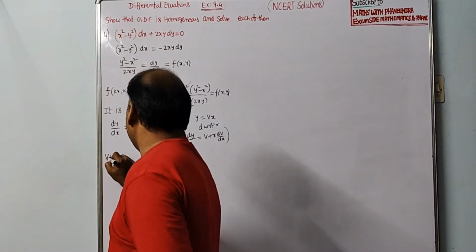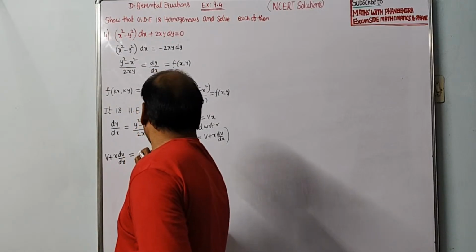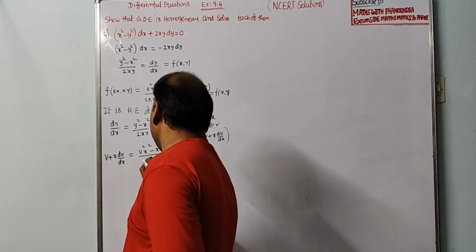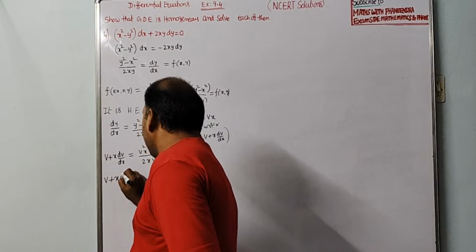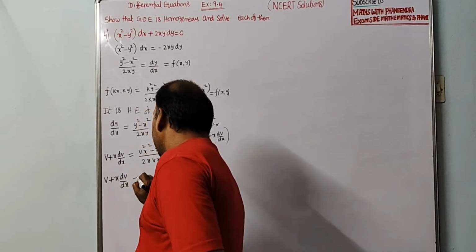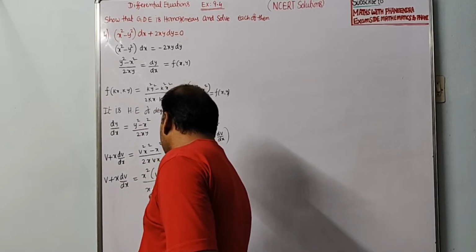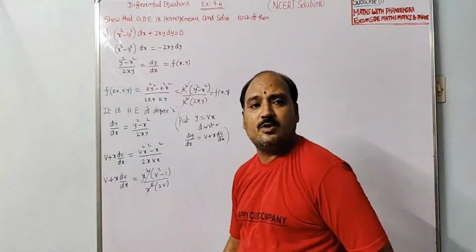So v plus x dv by dx is equal to y square, meaning v square x square, minus x square by 2x into vx. So v plus x dv by dx is equal to x square take common, v square minus 1 divided by x square into 2v. x square gets cancelled.